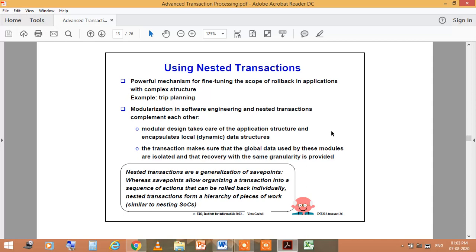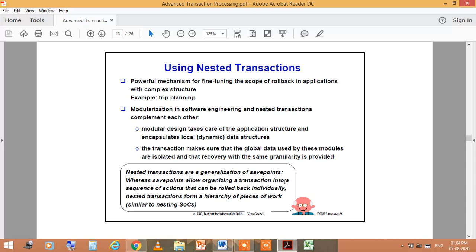Now come to using nested transactions. How to use these nested transactions? Nested transactions are a powerful mechanism for fine-tuning the scope of rollback in applications with complex structures. For example, trip planning. Modularization in software engineering and nested transactions complement each other.